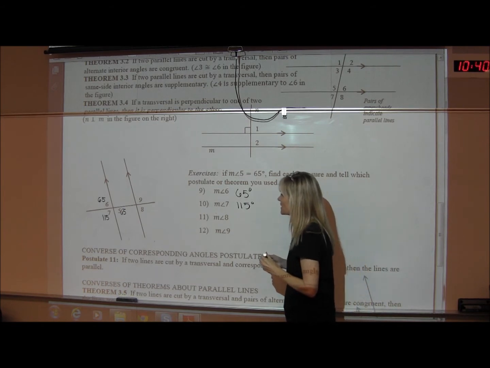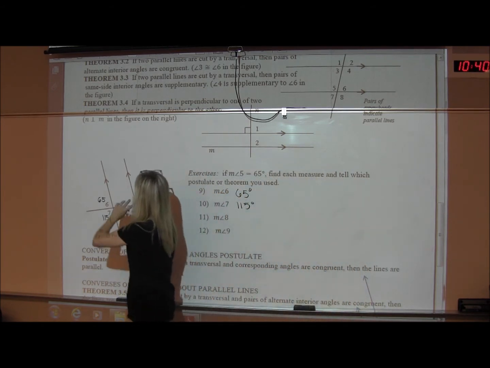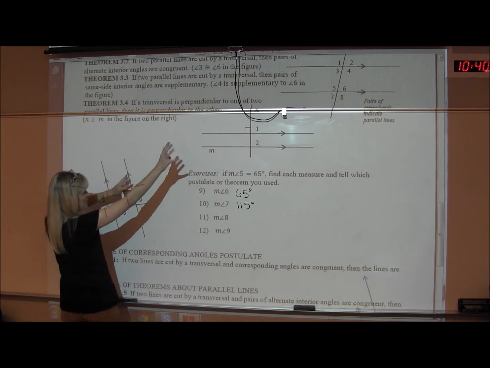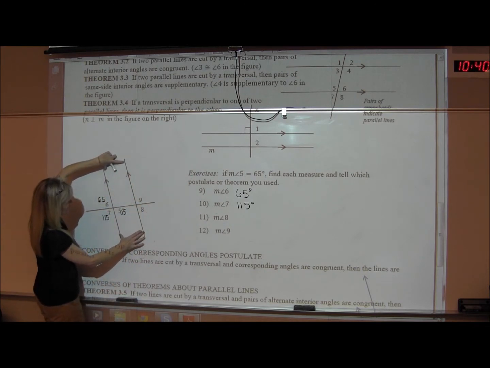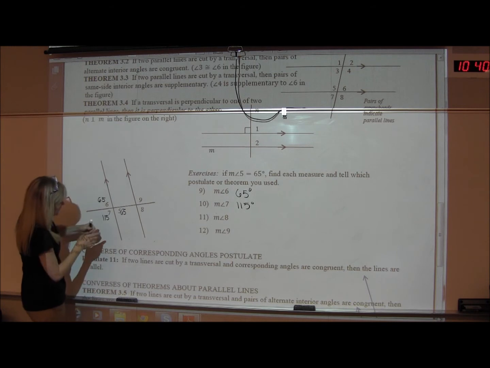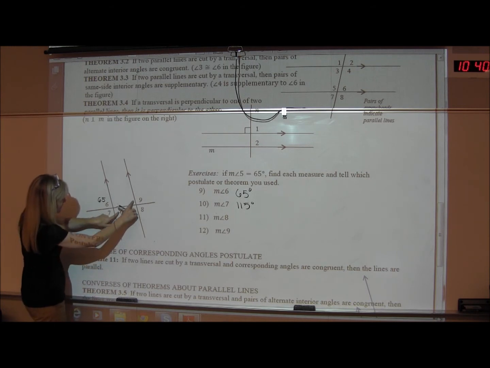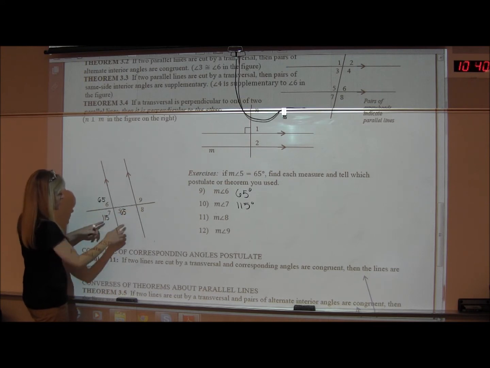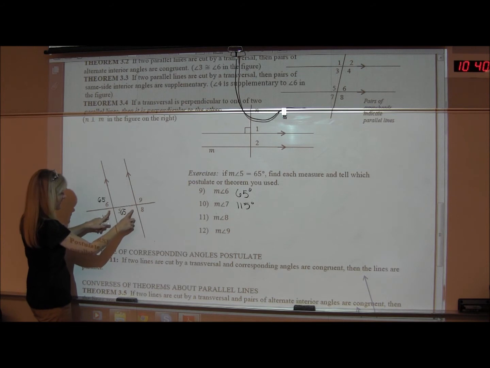So what about the measure of angle 8? So I've kind of turned our little diagram on its side. Now these are our parallel lines. This is our transversal. So our alternate interior are going to be these and these. Our same side interior are going to be these and these. And our corresponding angles are going to be here and here and here and here.